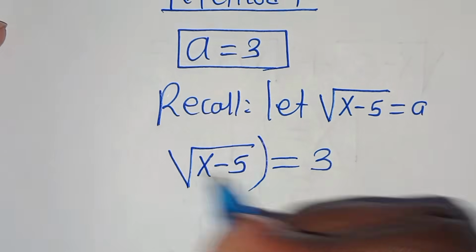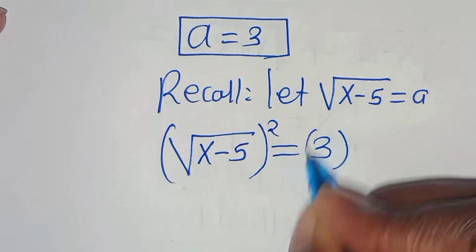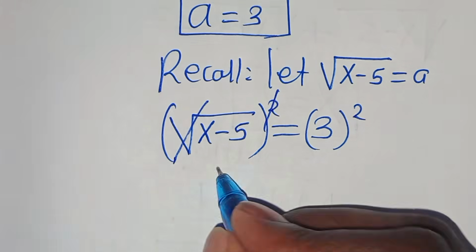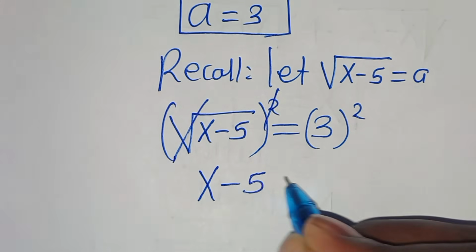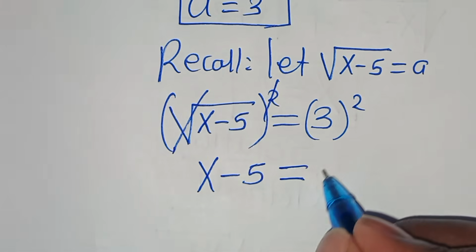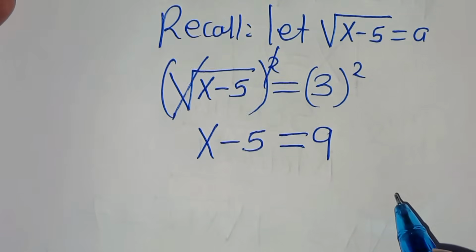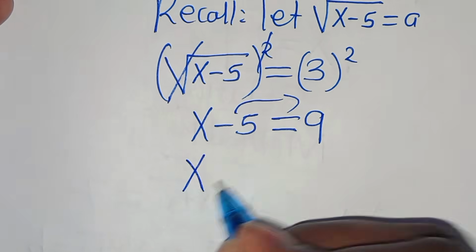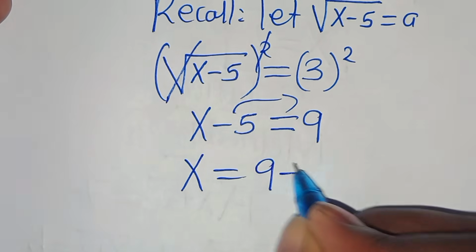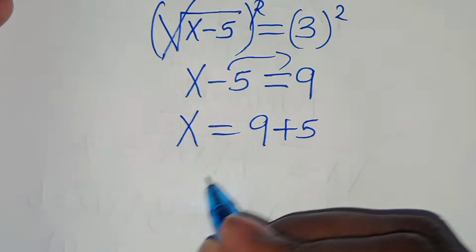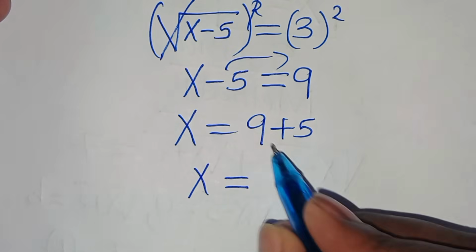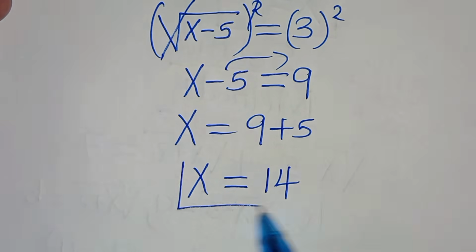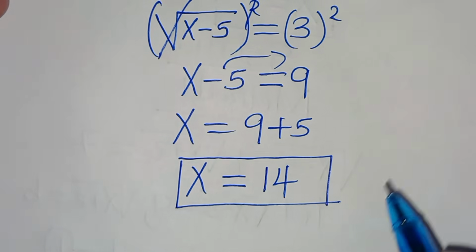Now let's square on both sides, and this means that we eliminate the square root sign so that we have x minus 5 equal to 3 squared, which is equal to 9. Now let's take minus 5 to the right hand side. This means that x is equal to 9 plus 5, which is equal to 14. So we have the value of x equal to 14.